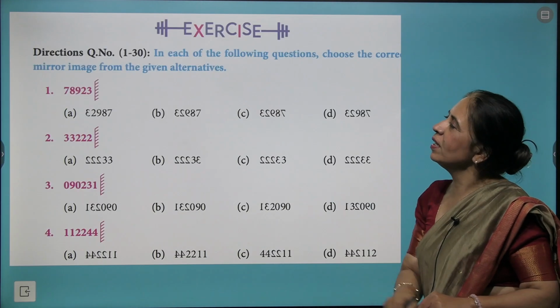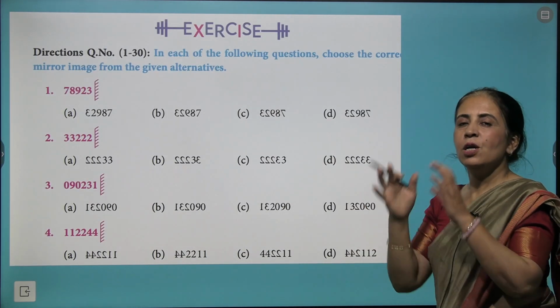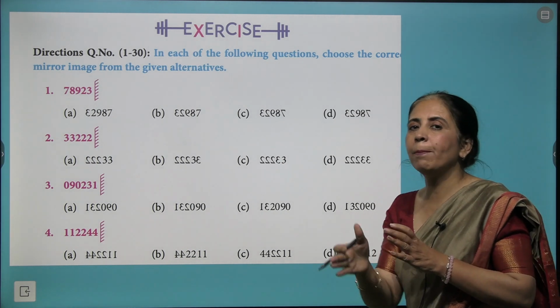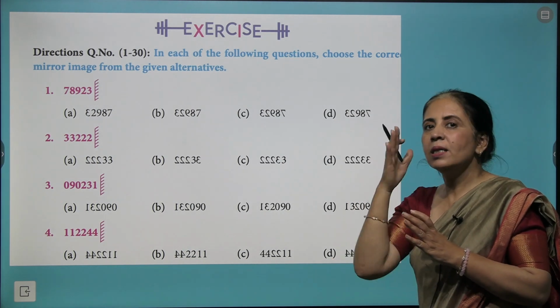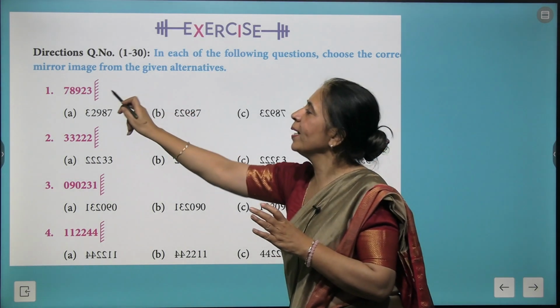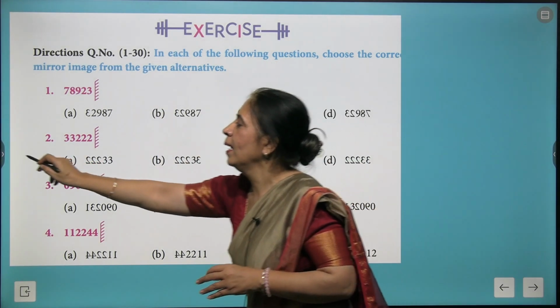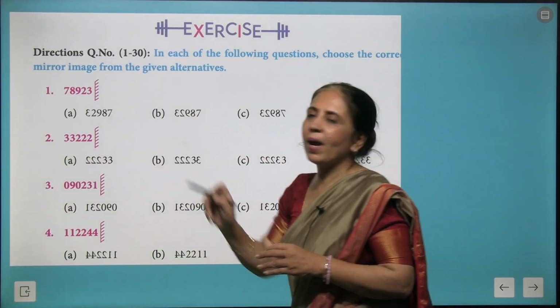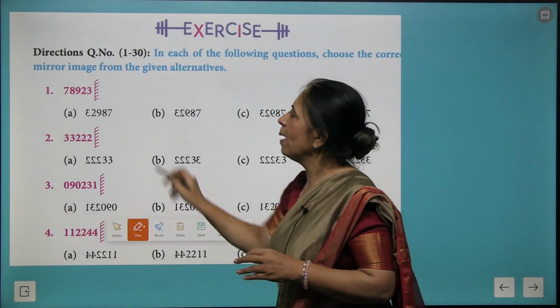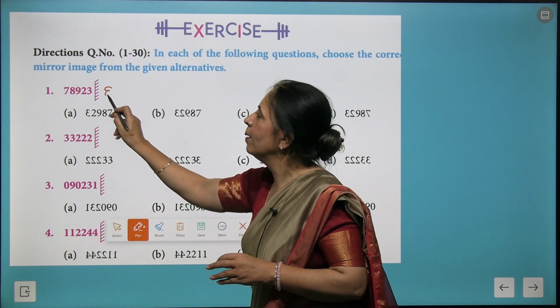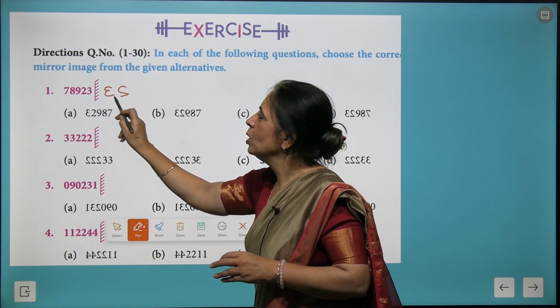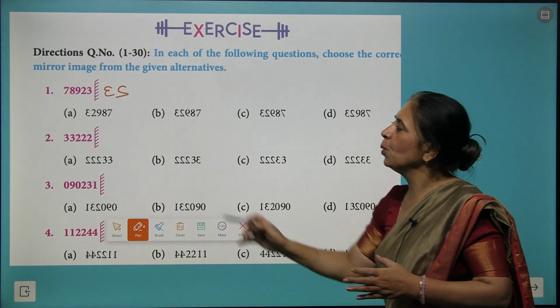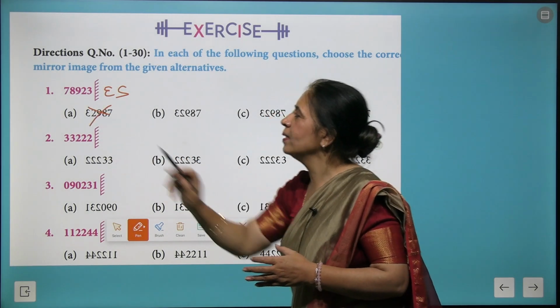Now after this we have an exercise. So start very calmly and slowly. Start making the correct image over here. I'll guide you. We write down 3, which comes near the mirror, then comes 2. So this way you will come to know this is the wrong answer.